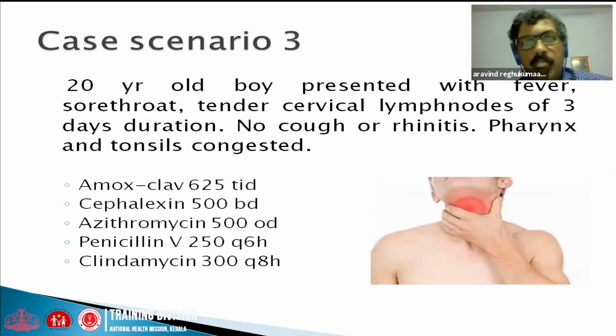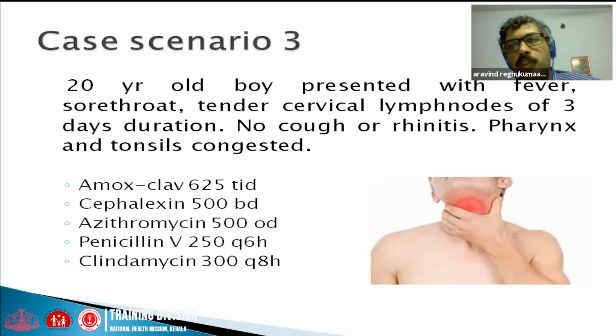So when you are dealing with pharyngitis, we should know one thing. There are only 3 bacterial pathogens which require antibiotic coverage as far as pharyngitis is concerned. Everyone is worried about GAS organisms, that is group A Streptococcus, because of its association with rheumatic fever as well as post-streptococcal glomerulonephritis, and that is why when you diagnose a young person with pharyngitis, we are in a hurry to suspect streptococcal pharyngitis and start antibiotics.